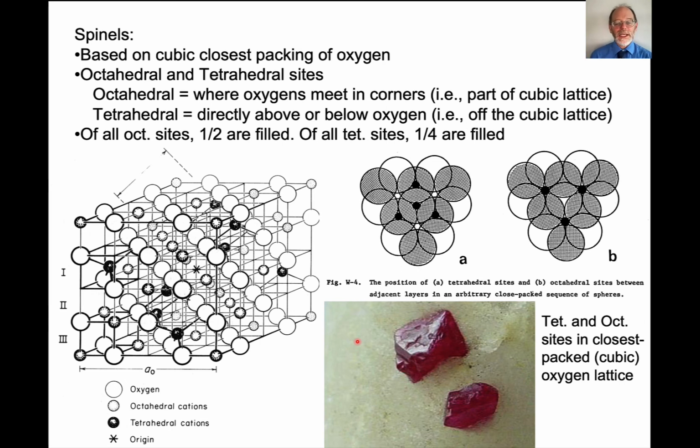Spinels are really common. They're an important oxide mineral. They have octahedral and tetrahedral sites, and we've talked a little bit about this. If you think about packing oxygens in a cubic array, so here's a cube, and we put oxygens in this regular array, there are points along the corners of these little cubes where cations are octahedrally coordinated, and there are points in the insides of these cubes where the cations are tetrahedrally coordinated.